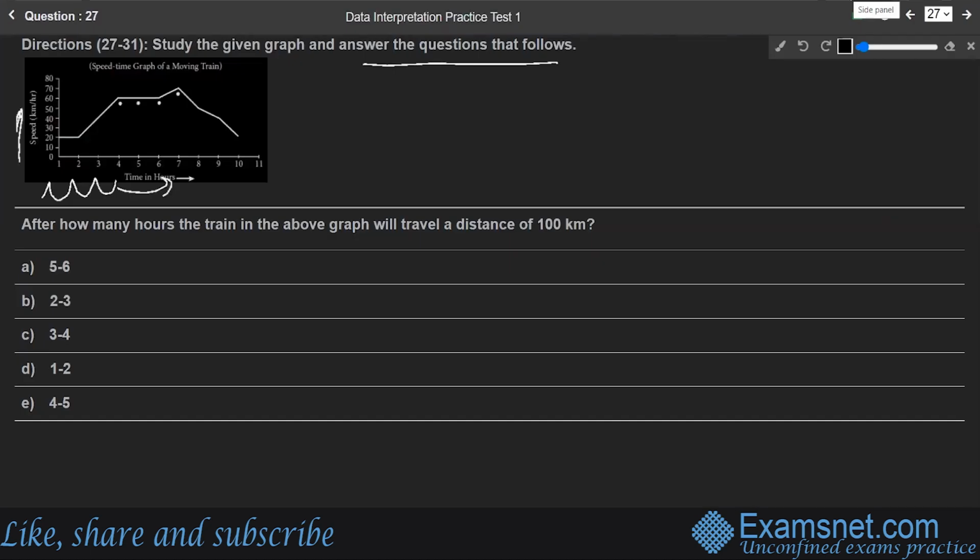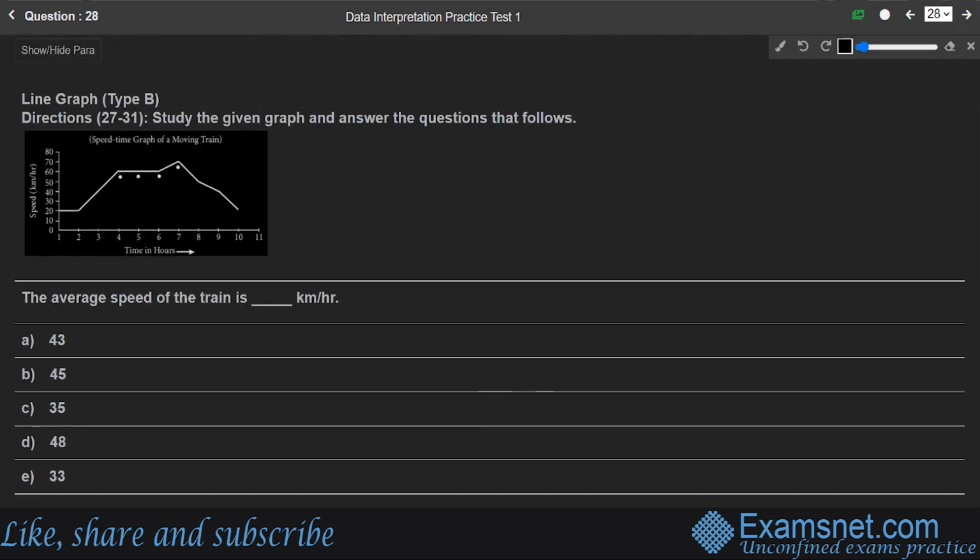The question says there is data given to us, in which there is a line graph. Let us understand the data first. Study the given graph and answer the question that follows. After how many hours will the train in the above graph travel a distance of 100 kilometers?